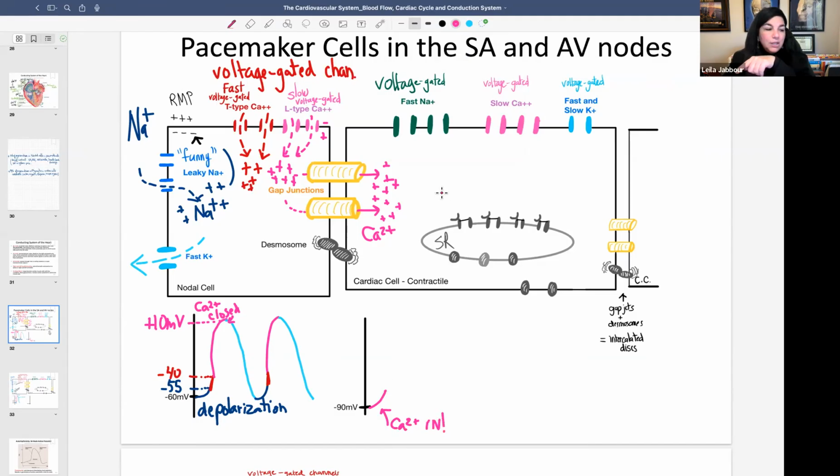When the calciums come in, it's going to trigger the voltage-sensitive, or voltage-gated, channels for sodium ions to open up. They open up as soon as they see the calcium coming in at around negative 70 millivolts. That's the threshold. I didn't have a chance here to write the word threshold.